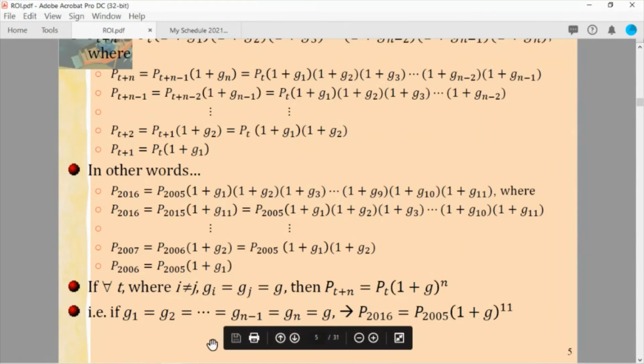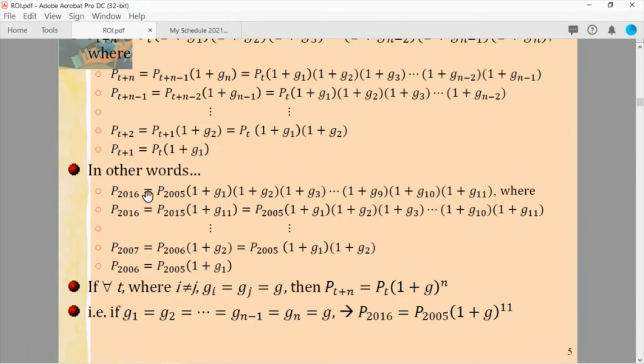Let's call that average just G without any time subscript. With that average, you arrive at the same result just by replacing all of these by that G, the average growth rate.